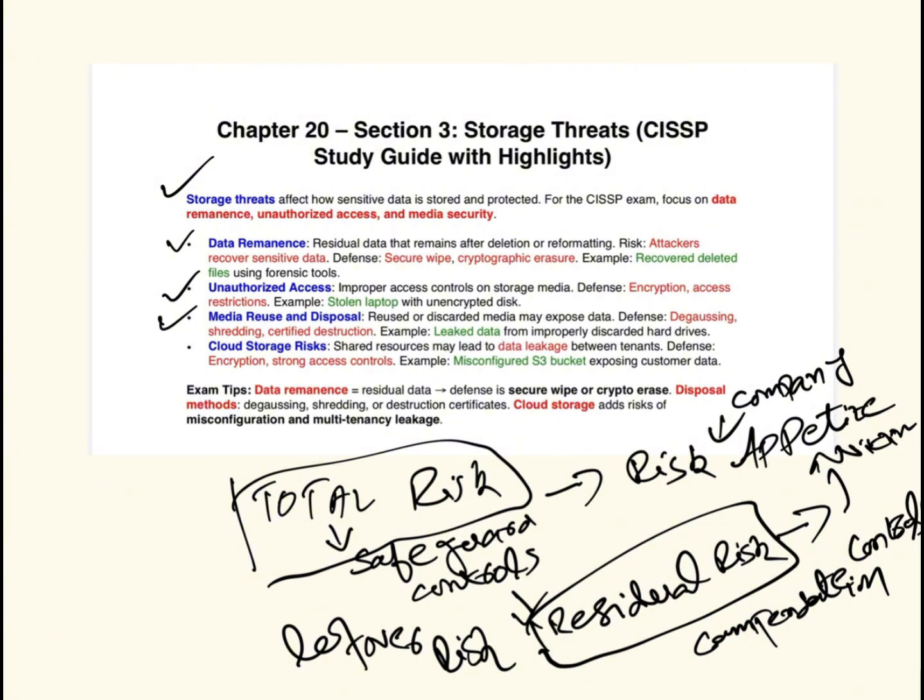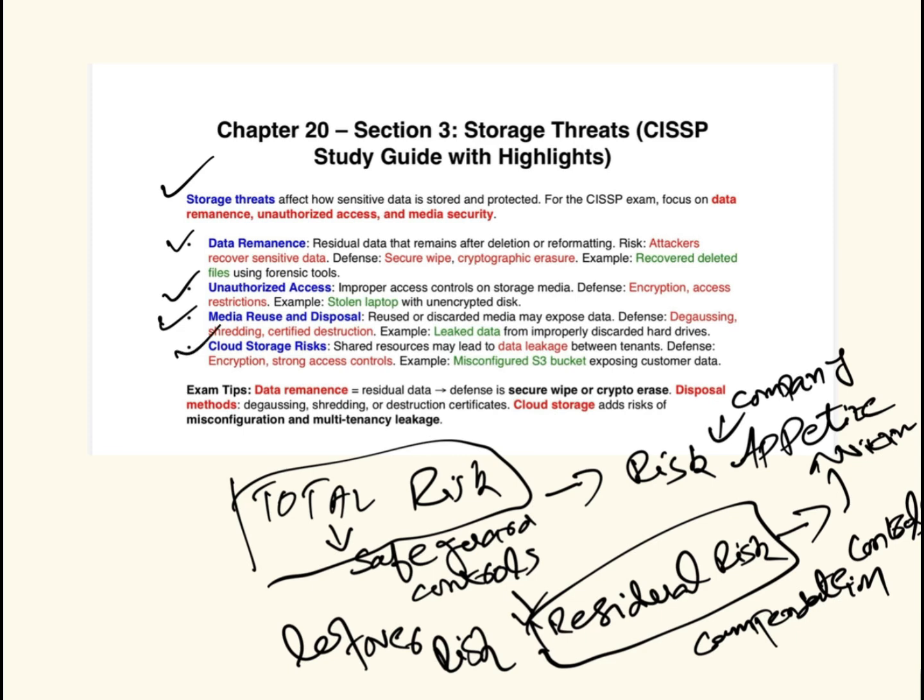Defense: secure disposal methods such as degaussing, which erases the magnetic field on tapes and drives, shredding, physically destroying the media, and a certified, verified disposal service. Always follow a formal media sanitization policy, NIST SP 800-88.